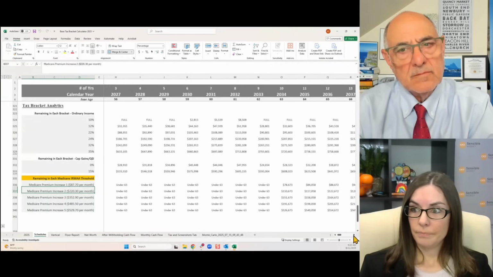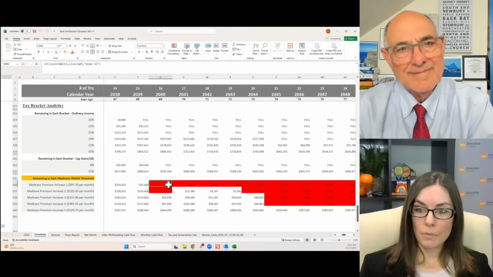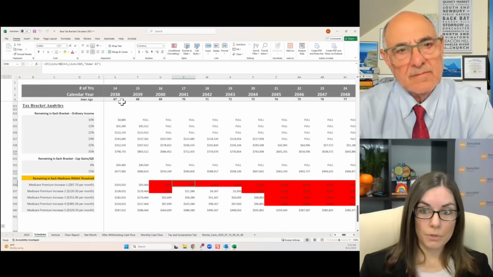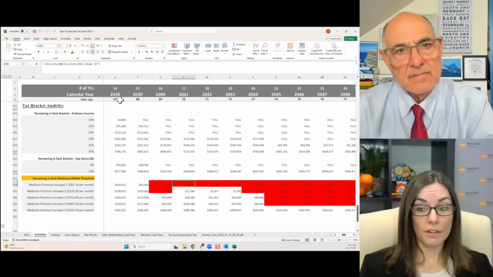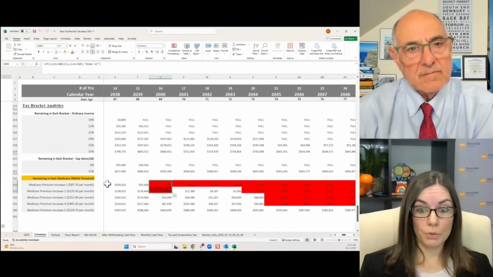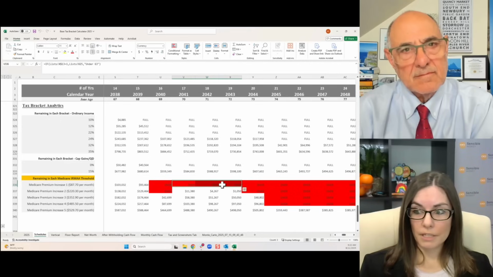But eventually, what happens is I highlighted in red, you see the word over. What this is saying is the year she turns 69, if we look back 2 years to when she was 67, the IRA withdrawals she took that year pushed her over 2 of the Medicare thresholds. Then she's only over a little bit for the next few years.